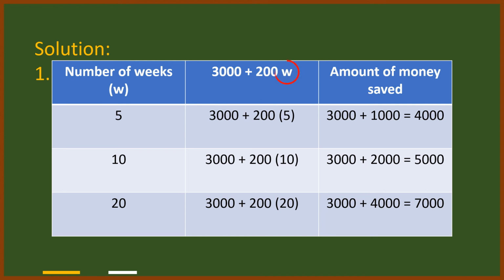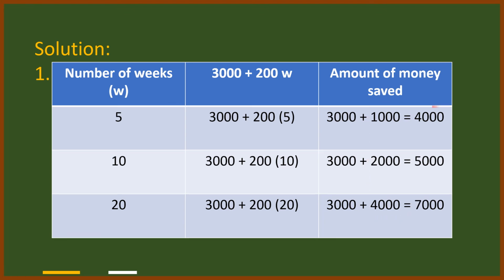By substitution, we have this. Then we need to multiply this to simplify this part of the equation. By addition, we have the values 4,000, 5,000, and 7,000.